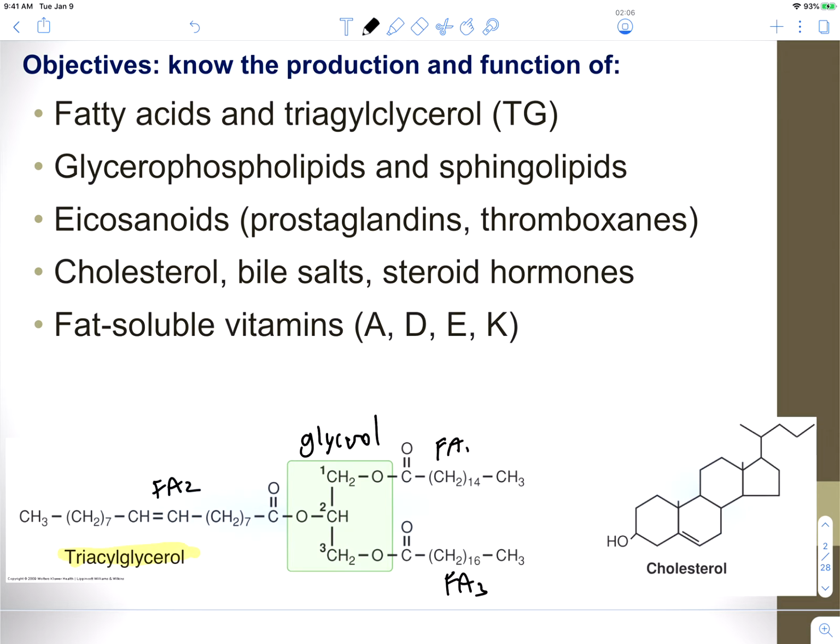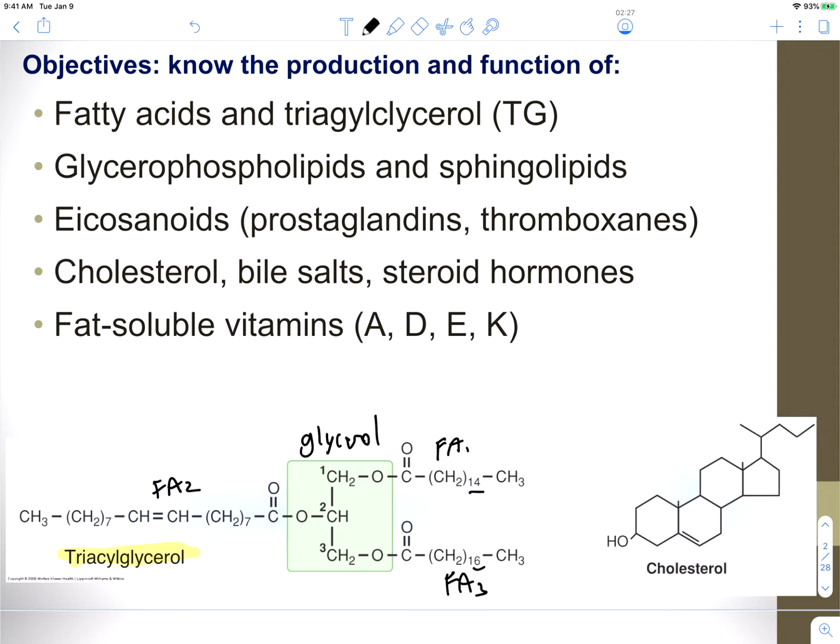And you can see that they have different numbers associated with them. Here we have a 14, a 16, and this one over here can be much larger. So we have a much larger fatty acid in that position too. And so the fatty acids attached to the glycerol make a triacylglycerol.